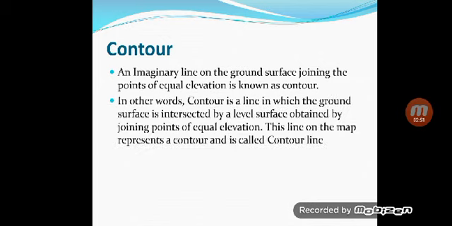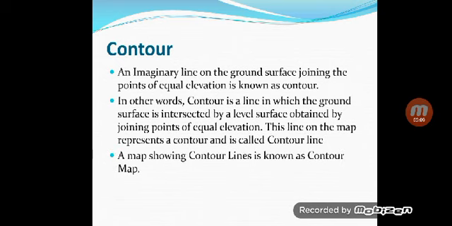In other words, contour is a line in which the ground surface is intersected by a level surface, obtained by joining points of equal elevation. So this line on the map represents a contour and is called a contour line. Also, a map showing contour lines is called a contour map. So everyone is clear about what is meant by contour.